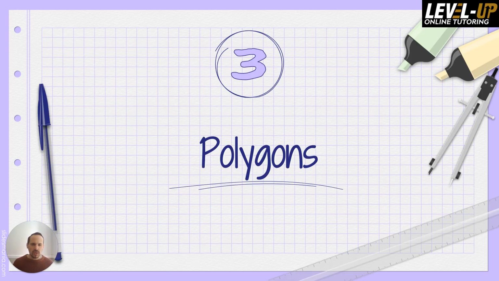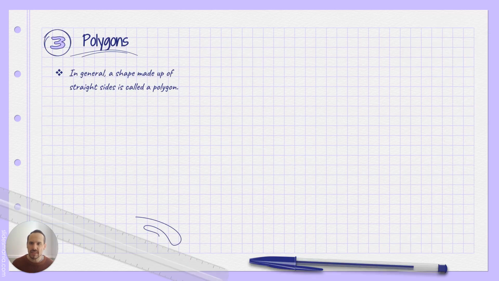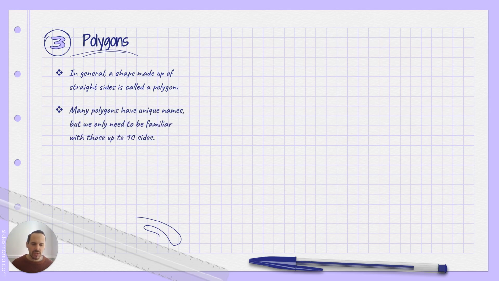Right, so let's move on to polygons now. We need to know what the word polygon means. In general, a polygon is just a two-dimensional shape made up of straight sides. Many polygons have unique names, but we only need to be familiar with those up to maybe about 10 sides.